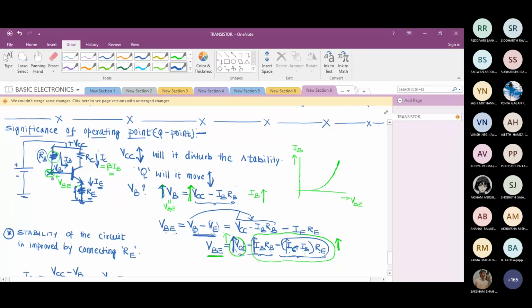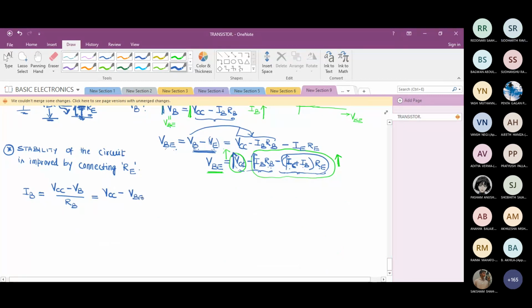Is it VBE plus IERE? Yes, because the potential at the base with respect to ground, this is VB. Is it visible what I'm drawing? If I ask you the potential at the base with respect to ground, then I have to take this loop, and it is nothing but VBE plus IERE.